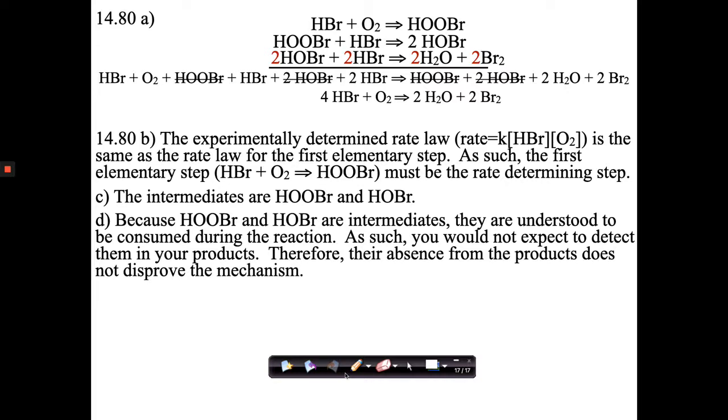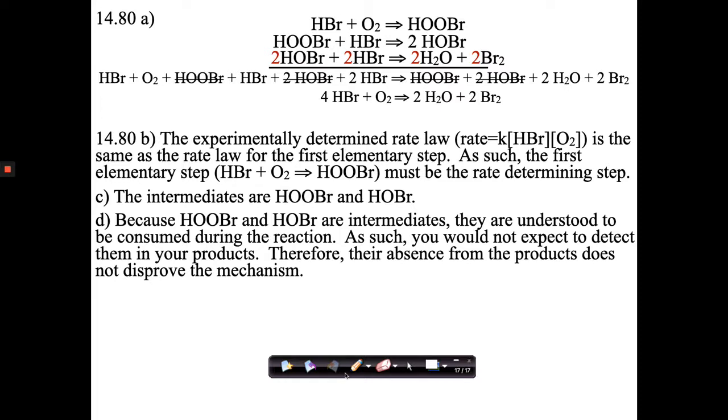They could tell you this is the rate determining step. Or they could give you a mechanism, and you can write the rate laws for the elementary steps, right? And then they could tell you the rate law for the overall reaction. And from that, you could identify the rate determining step because they would have to match. What they would have to tell you is they'd have to tell you this mechanism is good.